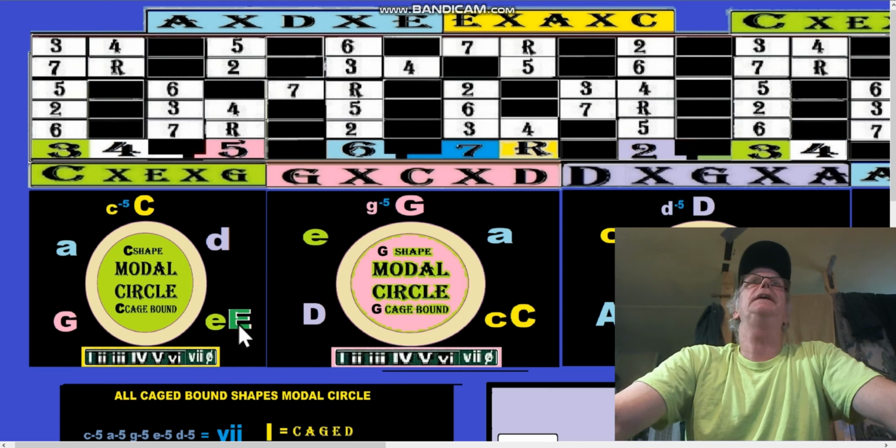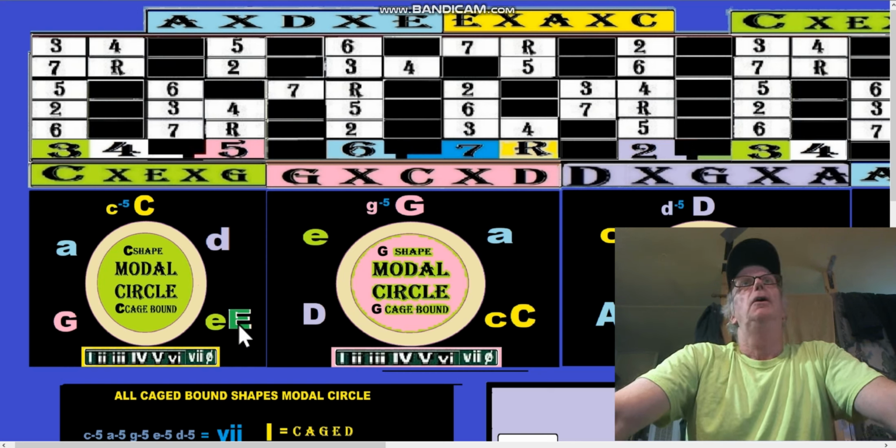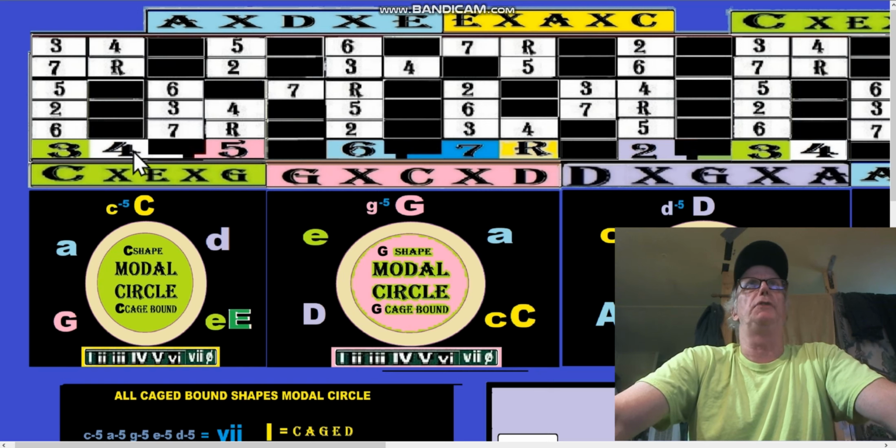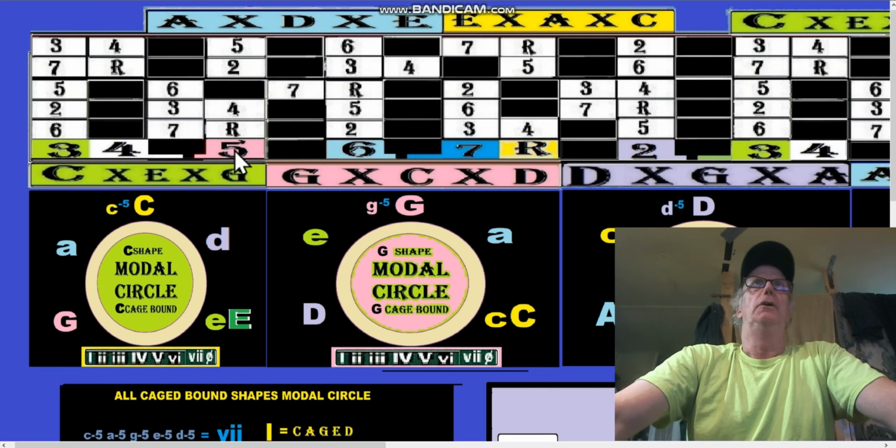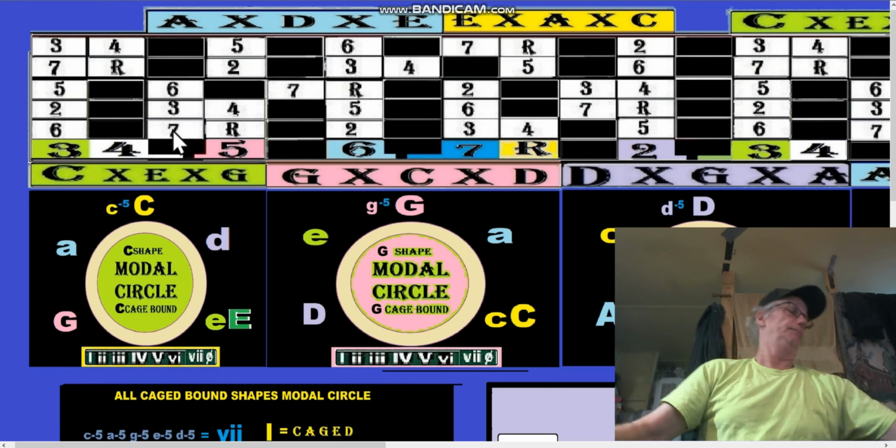Now, what's with the EE? The 3rd and the 4th are in the same cage here. They're all in the same cage, but the 3rd and the 4th are the same shape, just one's minor and one's major. So the 3rd minor is an E minor shaped minor, 7, 3, 5, right there.